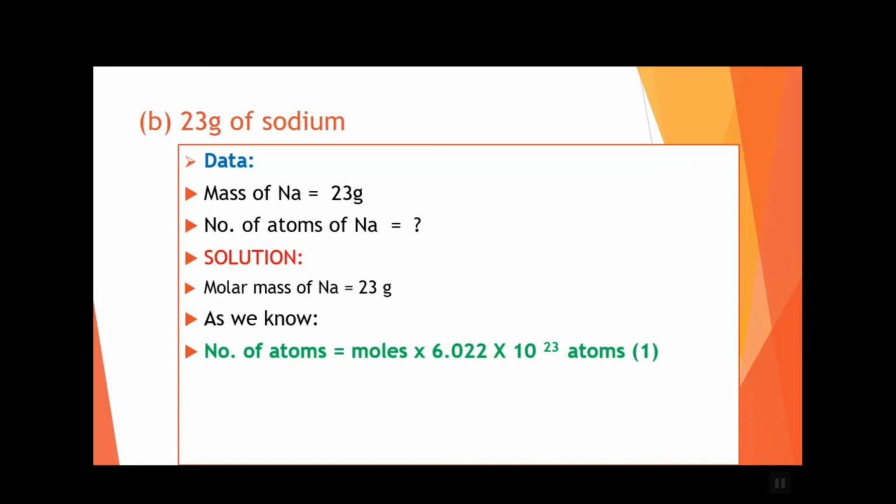Students, we have to find the number of atoms, but in our data you can see we have the mass in gram. We don't have number of moles. So what should we do to find the number of atoms?